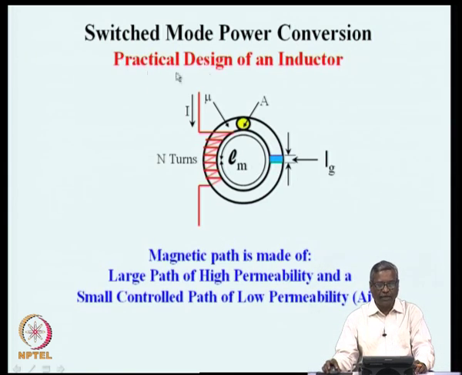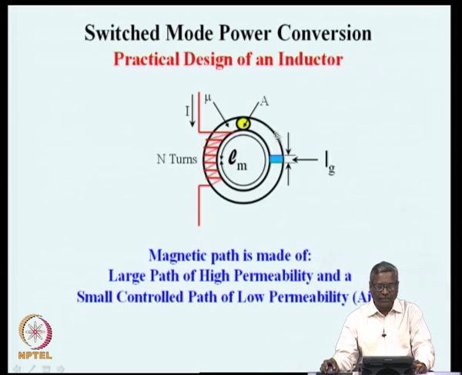So, normally the design is done with a little bit of flexibility as shown here. What we do, in a practical design of an inductor, is take a particular core and introduce in the path of the reluctance an additional controllable path. For example, in the total magnetic path now, there is a large path of magnetic material, almost the same as Lm, and a small controllable path of low permeability, which is air typically, and this gap or small length we call the air gap, or Lg, the length of the gap.